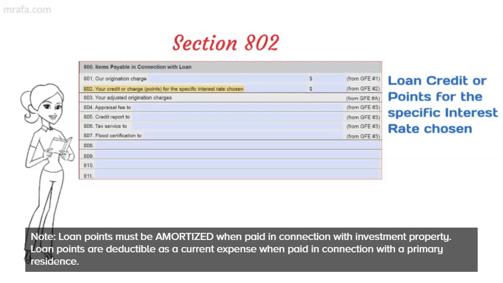So again, 1 point means 1% of the loan, and that means you are going to pay 1% of the loan in return for a lower interest rate, and that is the cost of that lower interest rate.